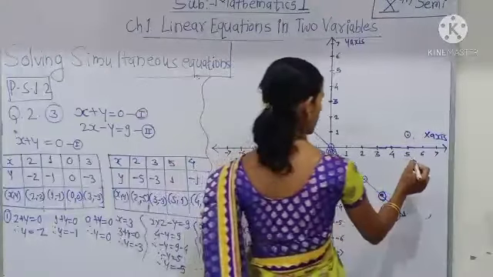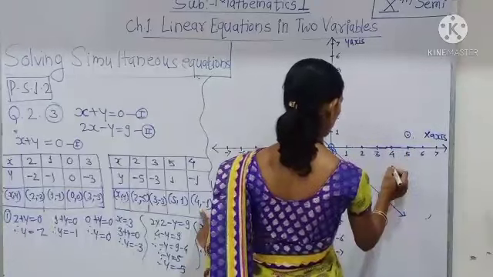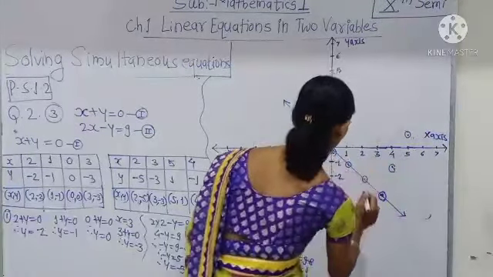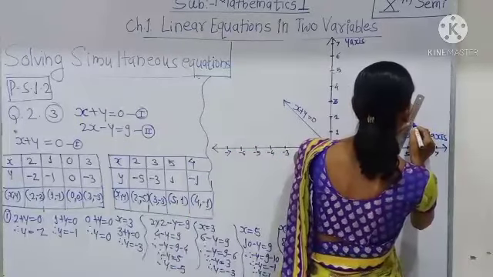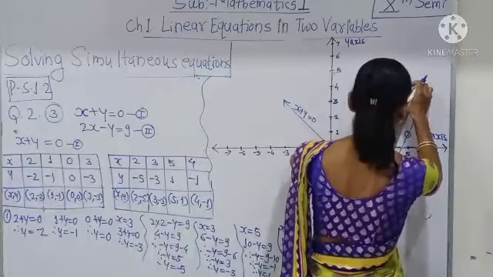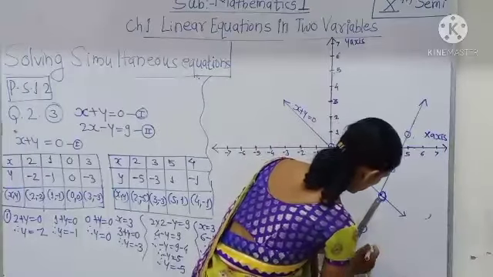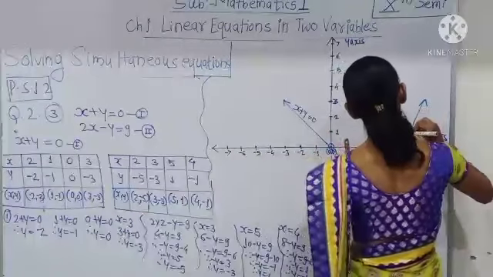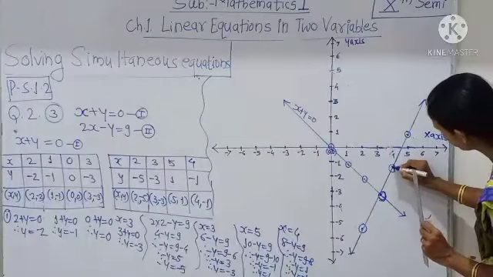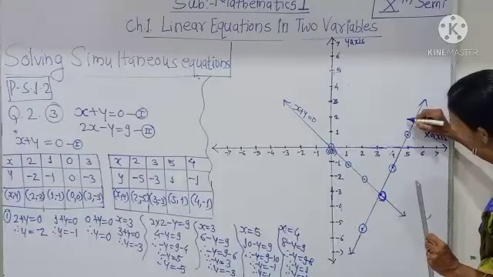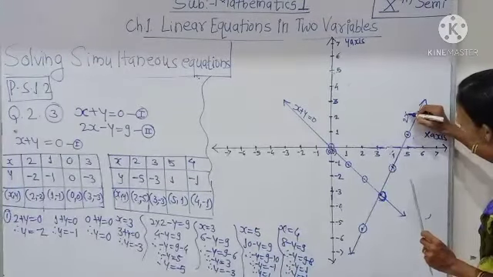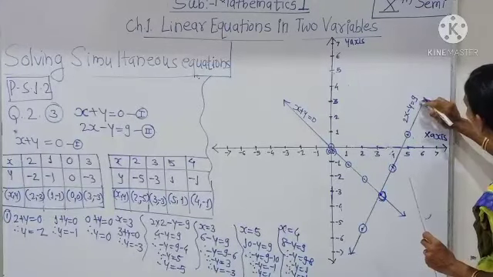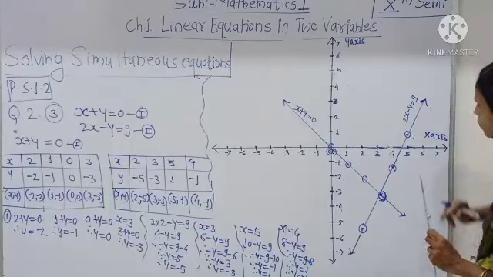And (4, -1) is the fourth point. Then see, a line can be drawn, and that line is the graph of 2x minus y is equal to 9, that means the second linear equation in two variables.